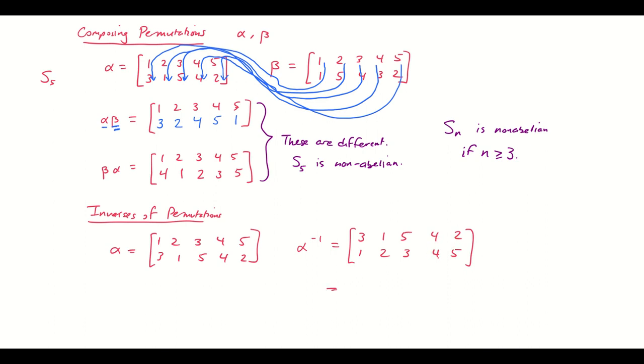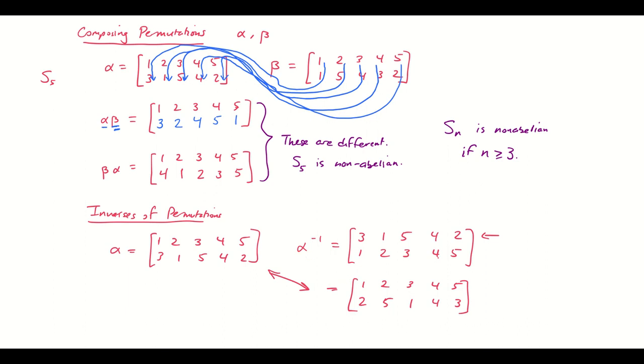But I might go ahead and rearrange this so that the inputs, that is, the numbers on this row, go in the appropriate order. So I just need to make sure that my correspondence is the same. 1 still goes to 2, 2 still goes to 5, 3 to 1, 4 to 4, and 5 to 3. Okay, and these two permutations are inverses of each other, and you can actually check that. You can try composing them, alpha first, then alpha inverse.